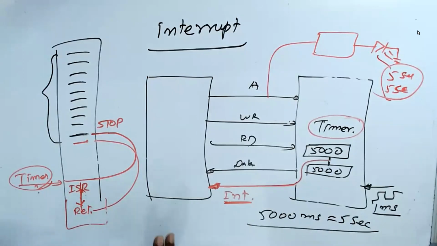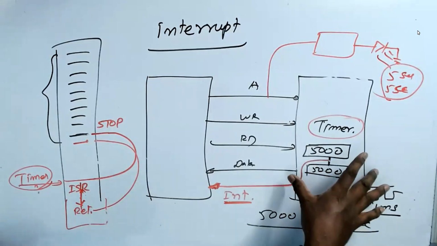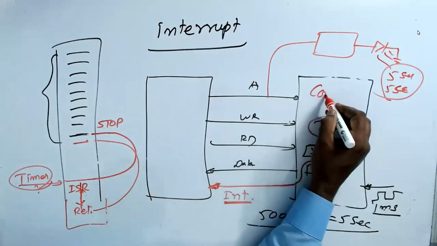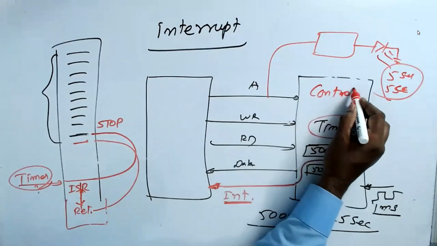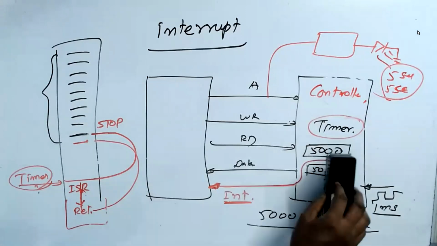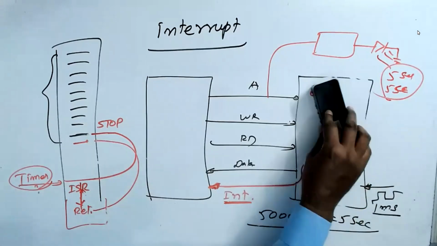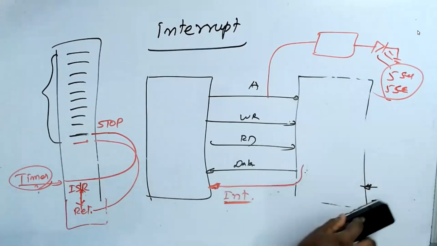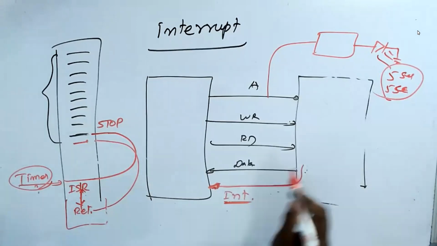So this timer is a controller. When a controller gives an interrupt, now let us assume that we have another controller. Forget about timers. I have a controller called disk controller.